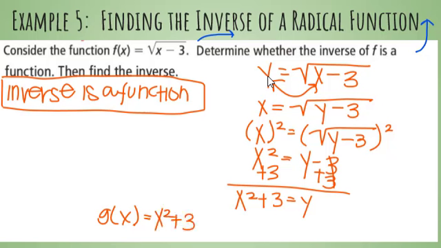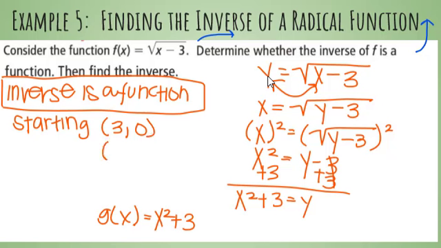Now this would graph a whole parabola, but that's not what we want to graph. We want to be able to graph just the portion of it that's going to be the inverse of the square root. If you go back and look at the square root function, our starting point of the original function was at 3, 0.